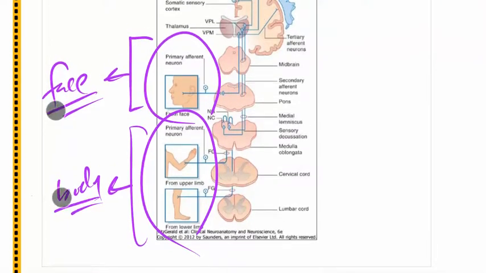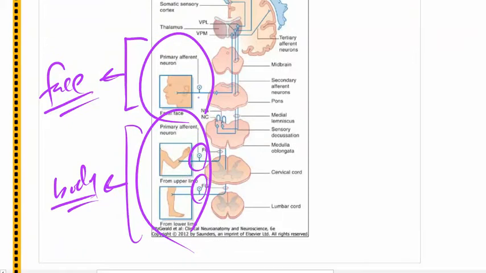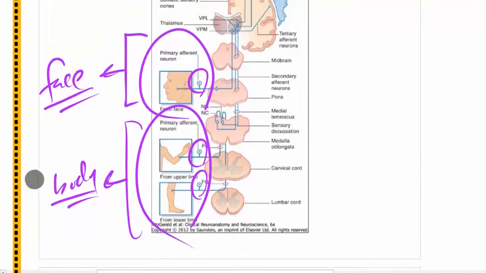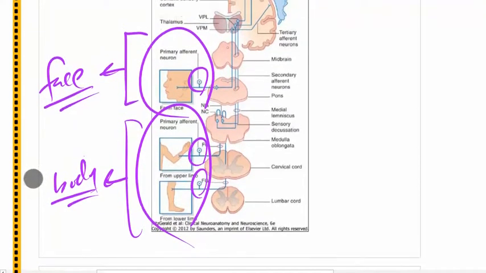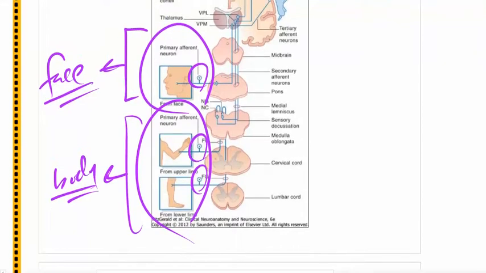So when you're looking at the body, the primary neuron is located in the dorsal root ganglion, whereas for the face it's the trigeminal ganglion. For the secondary neuron, when you're looking at the body, it's either the nucleus gracilis or the nucleus cuneatus.